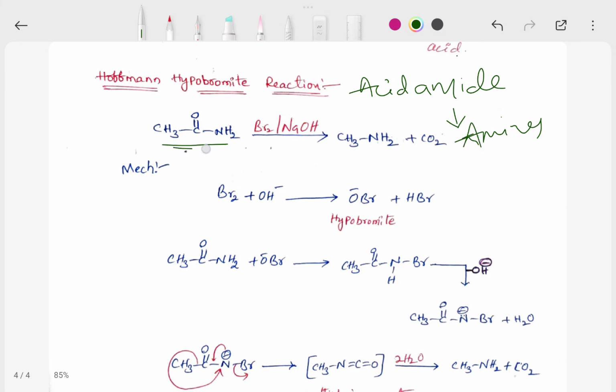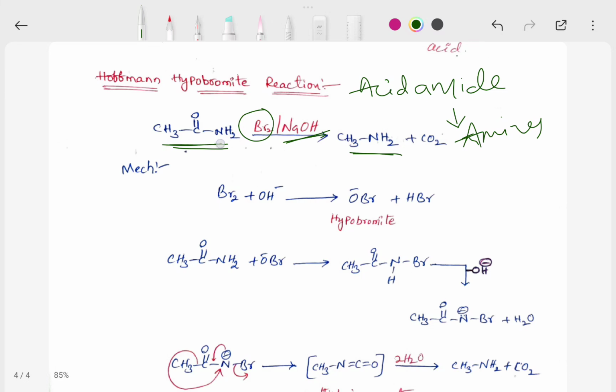Acid amides can be converted into primary amines with the loss of one carbon atom by the action of halogen in the presence of sodium hydroxide or potassium hydroxide.